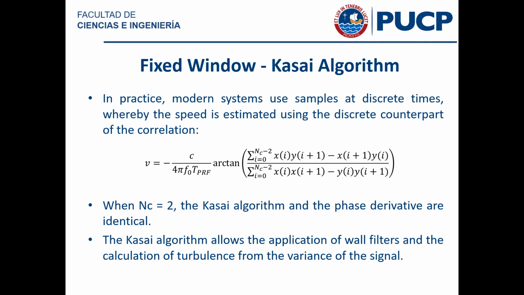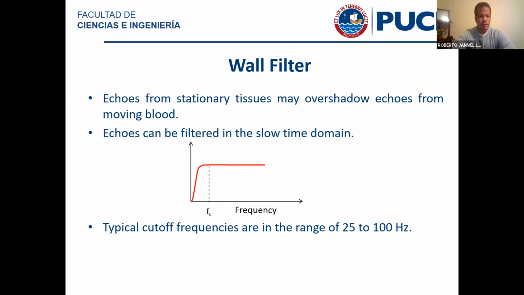And the other one is the application of wall filters, which is something that we are going to talk about in here. So roughly speaking, as we said before, you have tissues that are stationary, and you have, in our case, the blood that's flowing, and you're going to take measurements of signals coming from blood vessels, and that data is going to have some noise on top of it.